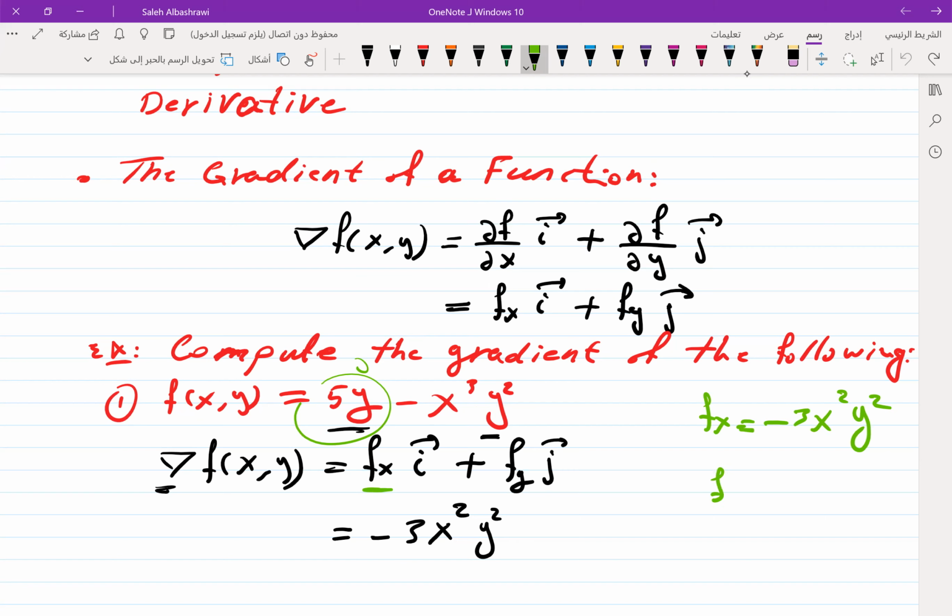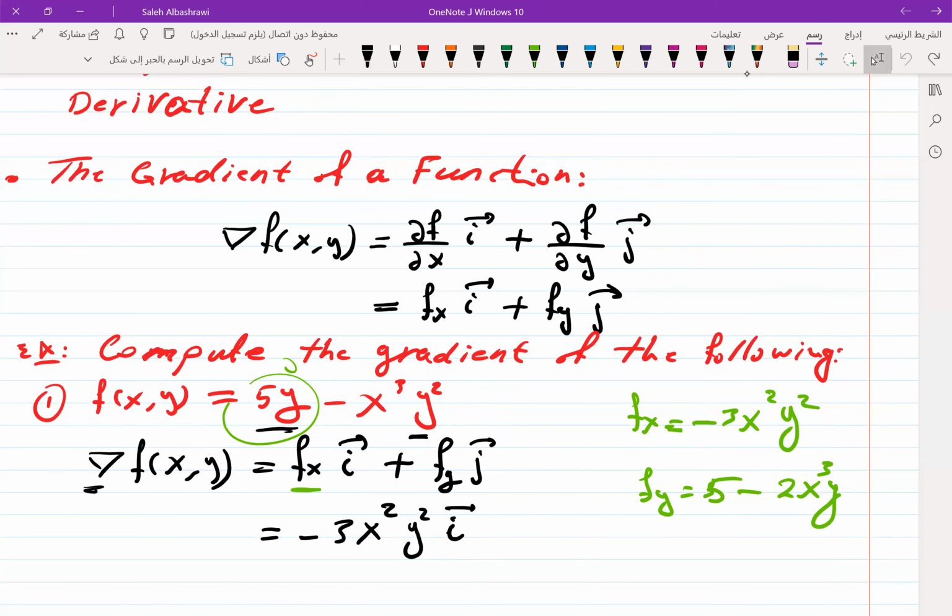F sub y is equal to, the first term will give me 5, the second one is minus 2x to the power 3 y. So the gradient now is minus 3x squared y squared i, this is the first component, plus f sub y, which is given by 5 minus 2x cubed y, multiplied by j.